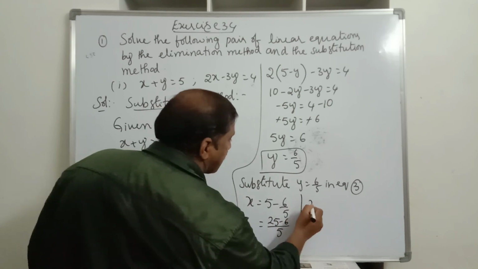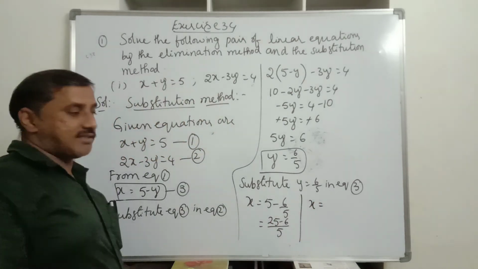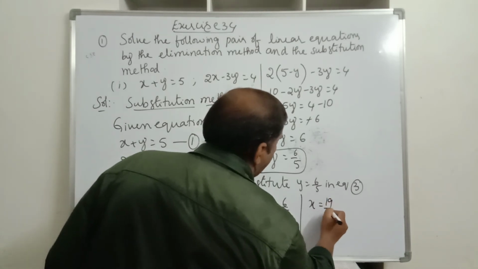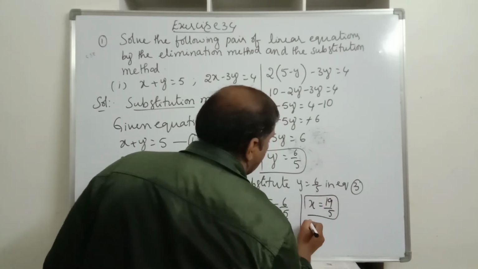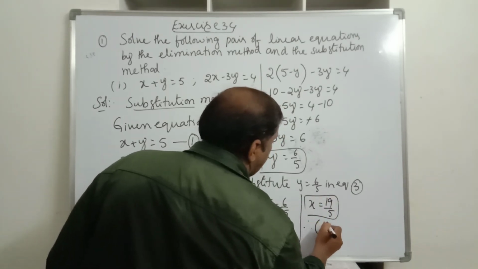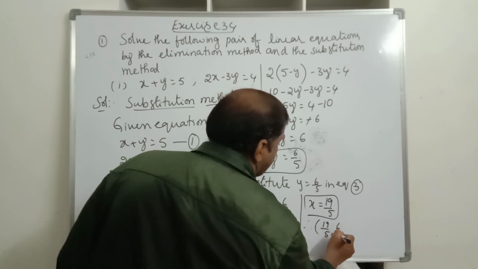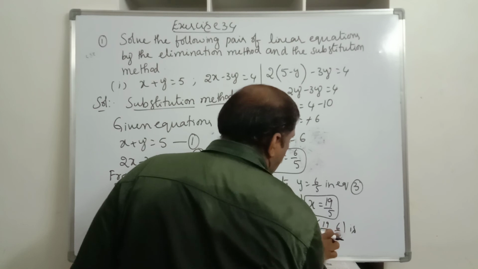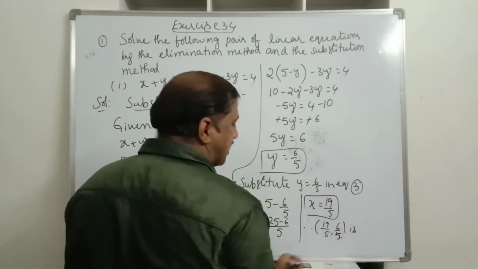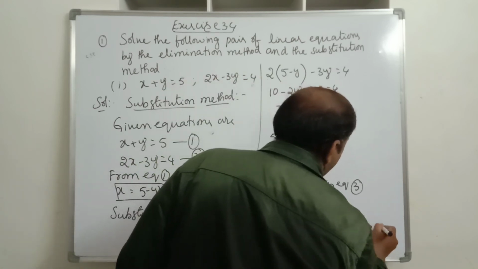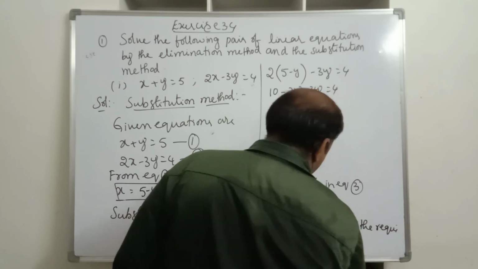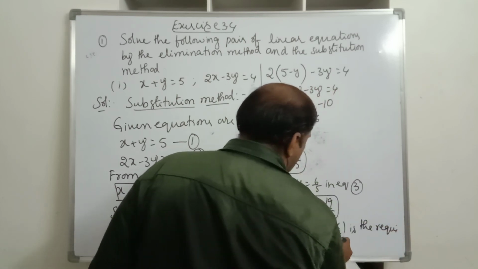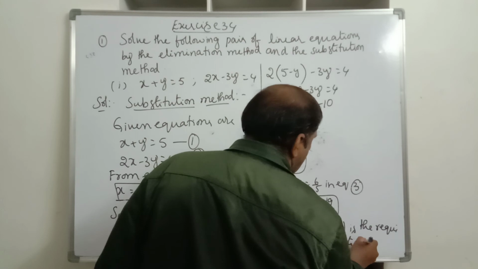We will get x equals 25 minus 6, which is 19/5. So x equals 19/5. Therefore, 19/5, comma 6/5 is the required solution of the given equations.